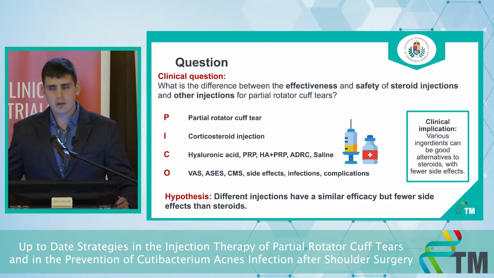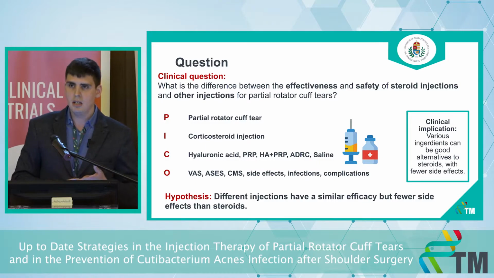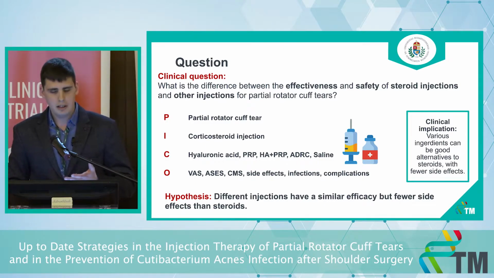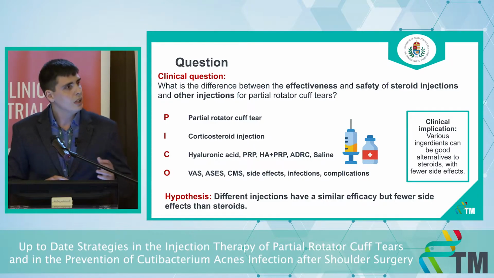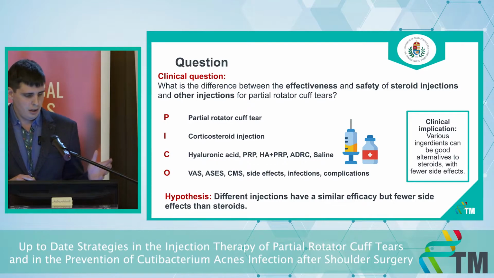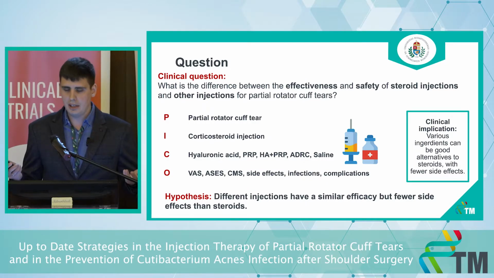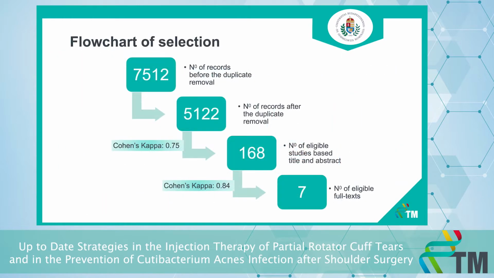We are comparing the corticosteroid injection with hyaluronic acid, PRP, hyaluronic acid plus PRP, adipose-derived regenerative cells, and saline solution. We are investigating the visual scales, the clinical scores, and side effects. Our hypothesis: different injections have a similar efficacy, but fewer side effects than the steroid.